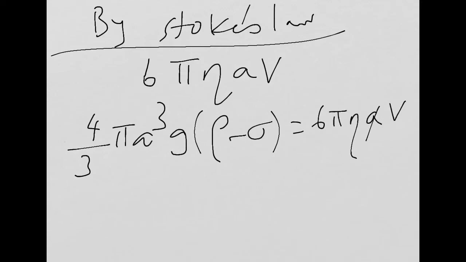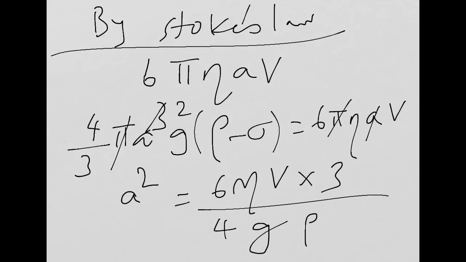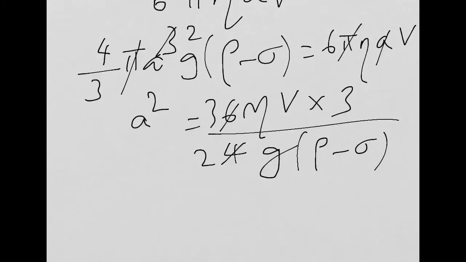Take a and cancel out here, pi also gets cancelled out. So a square is equal to 6 eta v into cross multiply 3 by 4 g into rho minus sigma. If I cancel out the 2 and 3, it is totally 9 eta v by 2g into rho minus sigma.